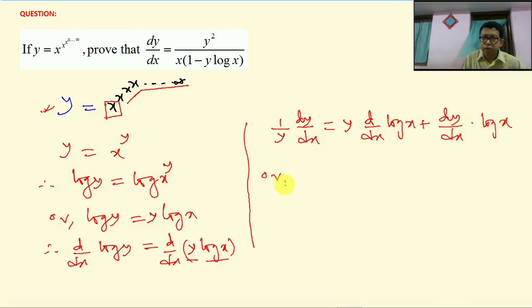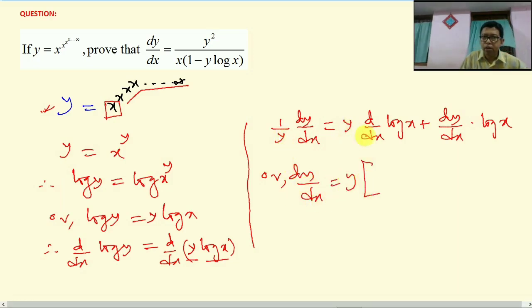Here y is taken on the right side, so y times of y into the derivative of log of x, which is 1 upon x, plus dy/dx into log of x.